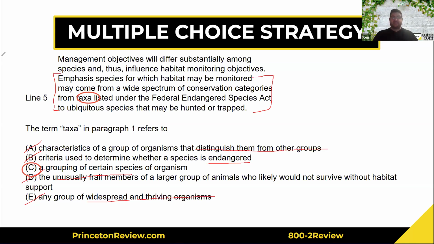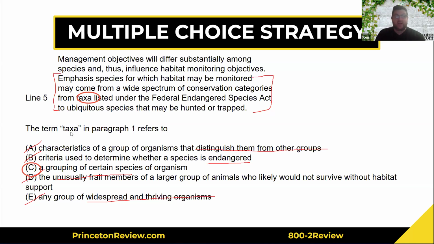It isn't saying that this is how we determine they're endangered, just this is how we might categorize them. Nothing about unusually frail. And the sentence doesn't indicate that any group of widespread and thriving organisms would be taxa listed under the Federal Endangered Species Act. It's probably species that might not be doing well. So each one of these answers has a thing that eliminates it.